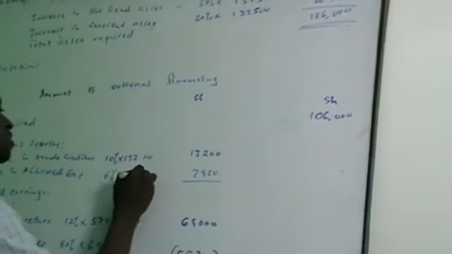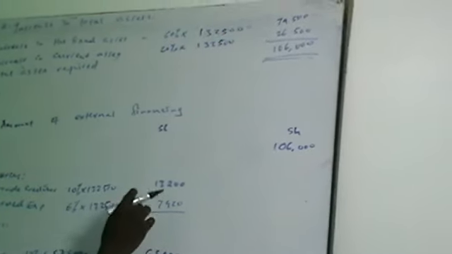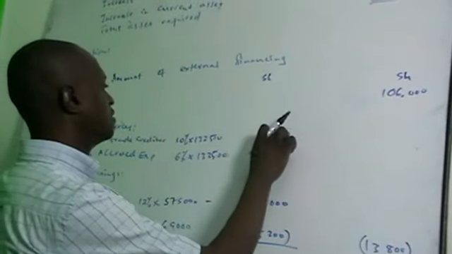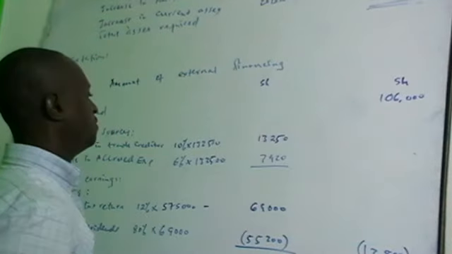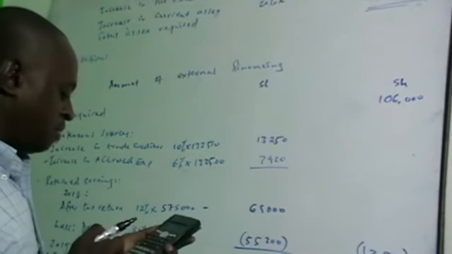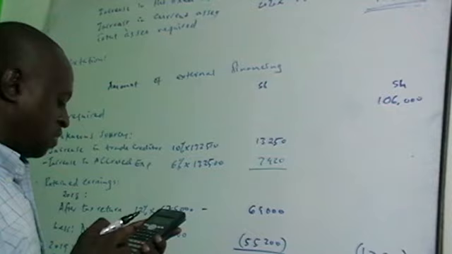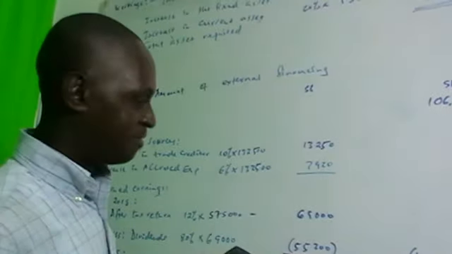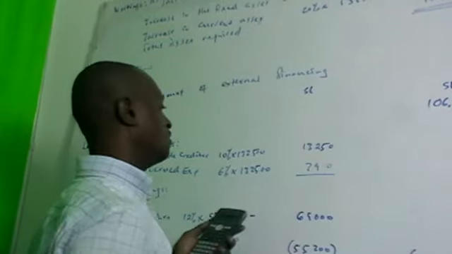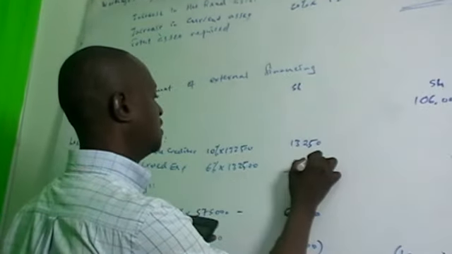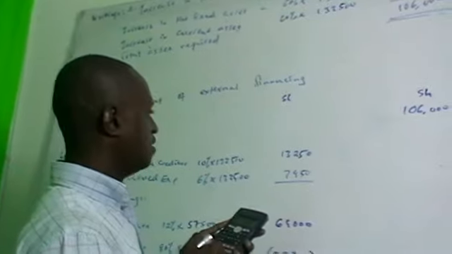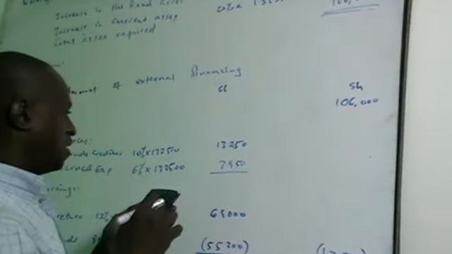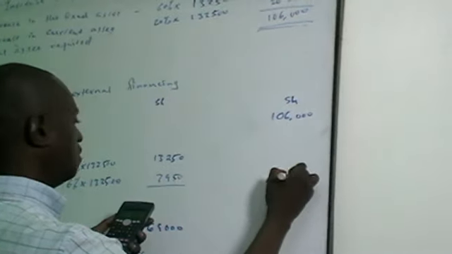So we have to correct this one also. This will give us 13,250, that is 10%. Now this is 0.06 times 132,500. That gives us 7,950. So we add 13,250. So that is 21,200.